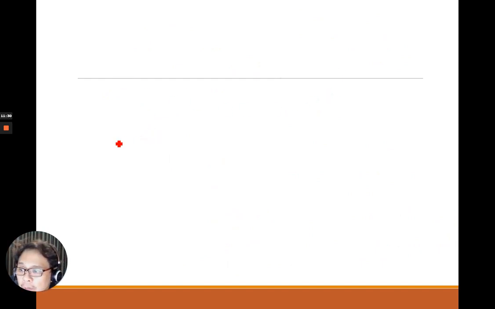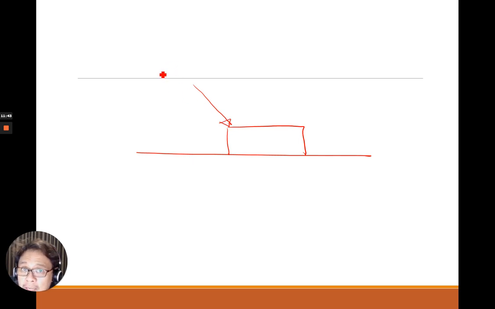Okay, let's have another problem where you have forces that are not parallel, or forces that are not on the same line of action as the displacement. For example, you have F here to be 60.0 newtons, at an angle of 60 degrees.